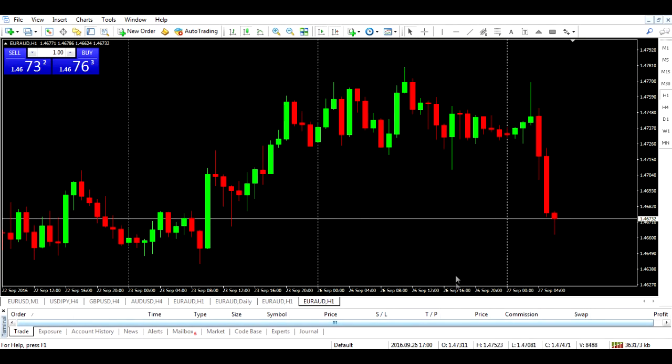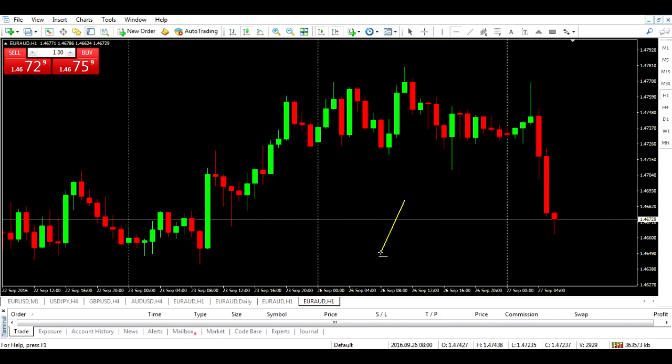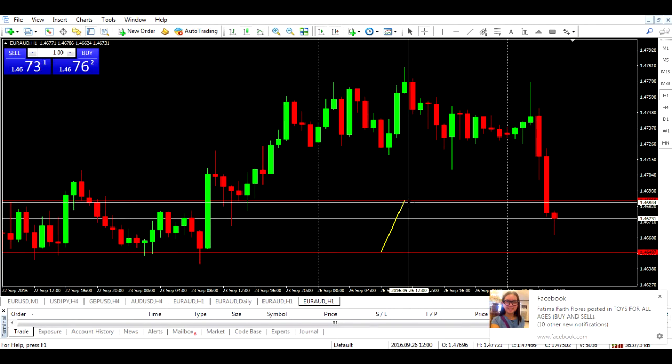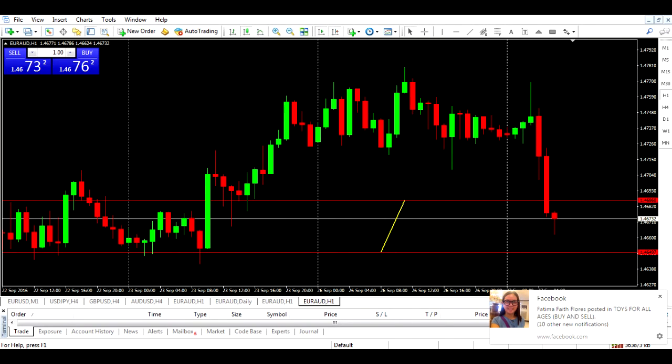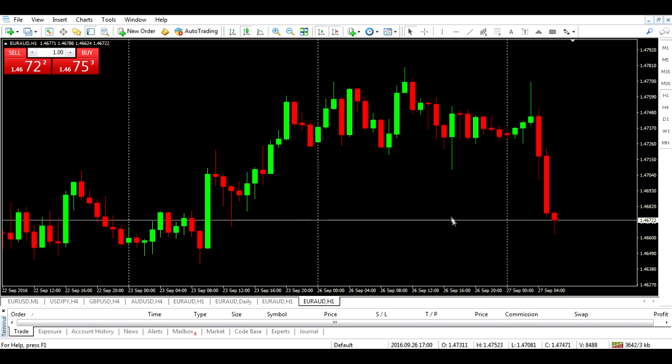So a pip is the number or the measure between one price to another. The difference when you measure it is the pip. That is the pip, to put it in a simple explanation.